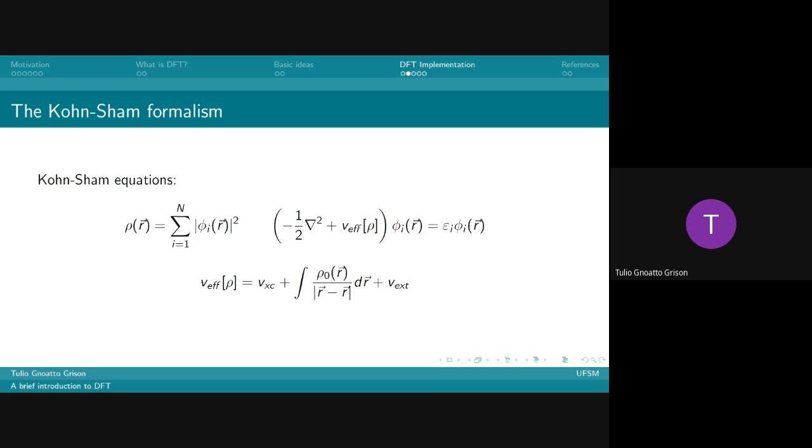The main idea of this formalism is to move from a many-body problem to a non-interacting particle problem, considering that the electron density of interacting particles can be obtained from the density of non-interacting particles. Therefore, it is done by properly separating the exchange and correlation term, which takes into account the many-body effects, which is V_XC.